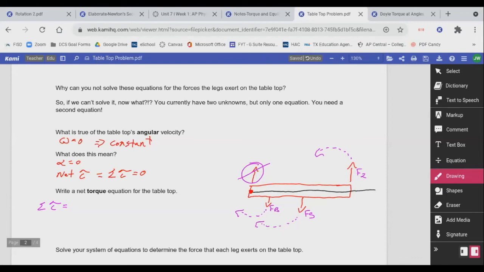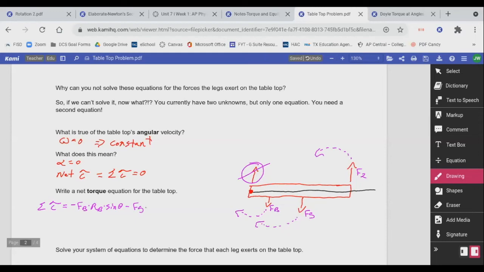So if I'm going to just go from left to right, I would say negative FB times the distance of B times the sine of theta, minus FG. Or if I put that in parentheses, it would help, wouldn't it? But I'm not.